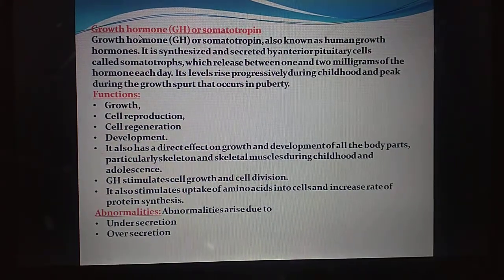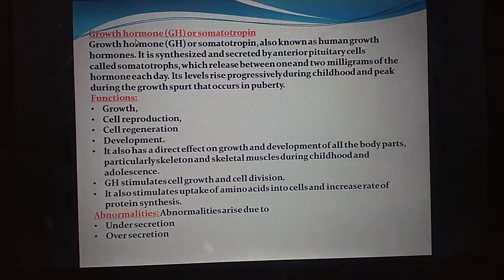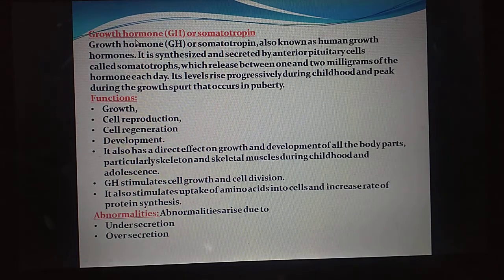Growth hormone. First of all, we are taking the secretion of growth hormone. Growth hormone is also called somatotropin hormone. As we know, growth hormone is also known as human growth hormone.